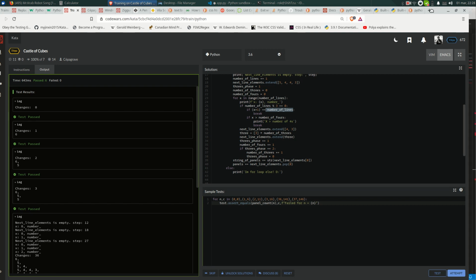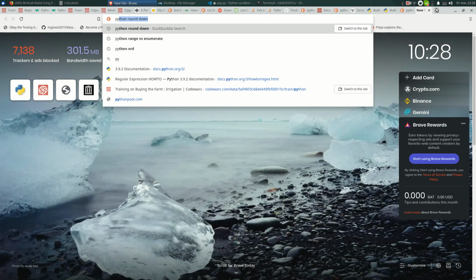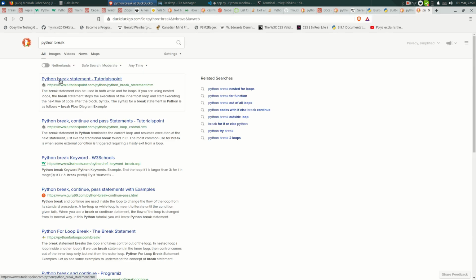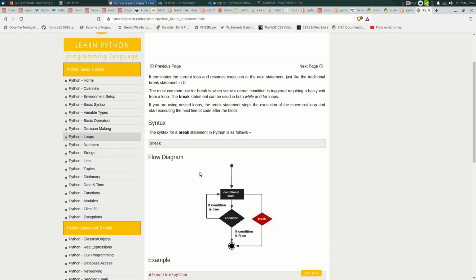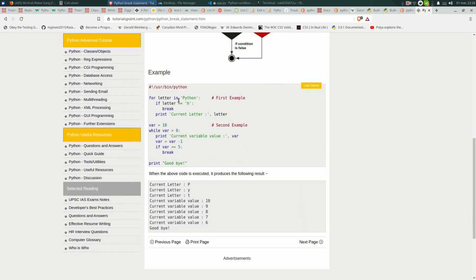Let's just see what that does if we search Python break statement. If condition is true, break. Goodbye. Forgotten in Python.